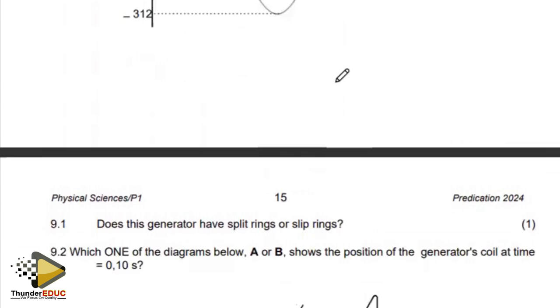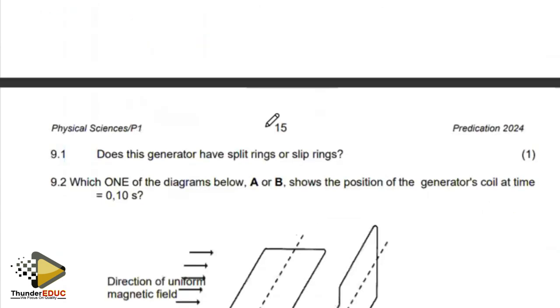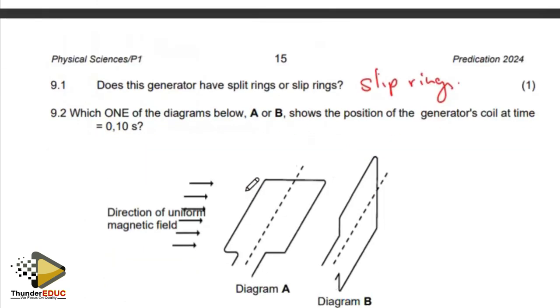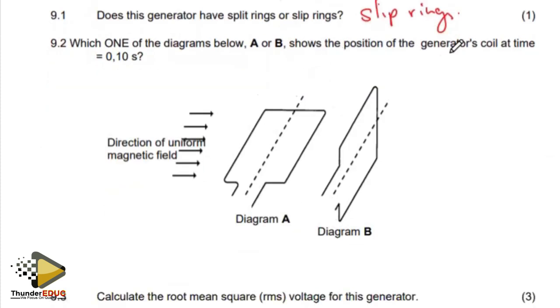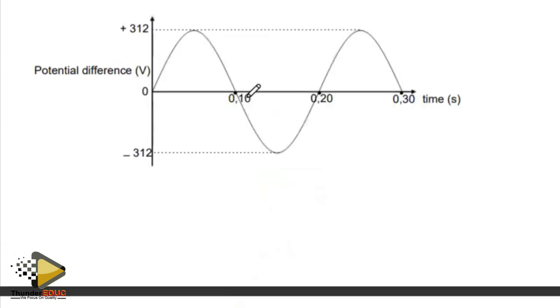Okay, does this generator have split rings or slip rings? What's the reason? We're saying slip rings. Question 9.2: which one of the diagrams below, A or B, shows the position of the generator's coil at time 0,1? At 0,1 the potential difference is 0.